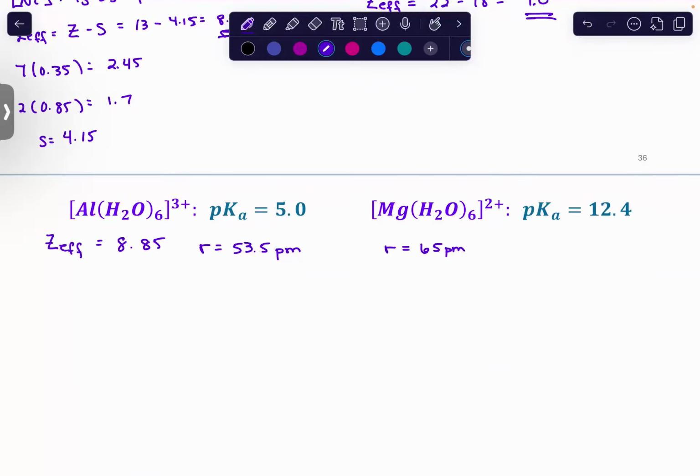Can you figure it out now? In this one, you're not working with d or s, you're only working with the s and p. Magnesium wants to be like argon, right? No, neon. Okay. And Z is 12.